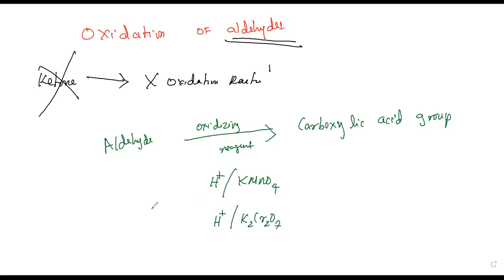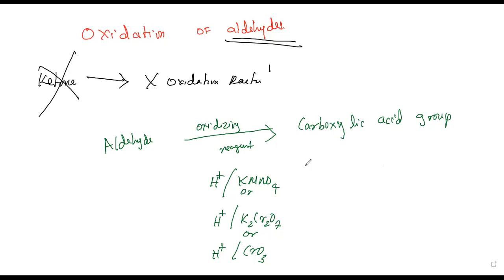And acidified chromic acid also they are using. Potassium dichromate, H plus, CrO3. These are the oxidizing agents. Any one of the three, which reacts with your aldehyde, will ultimately oxidize it to carboxylic acid.